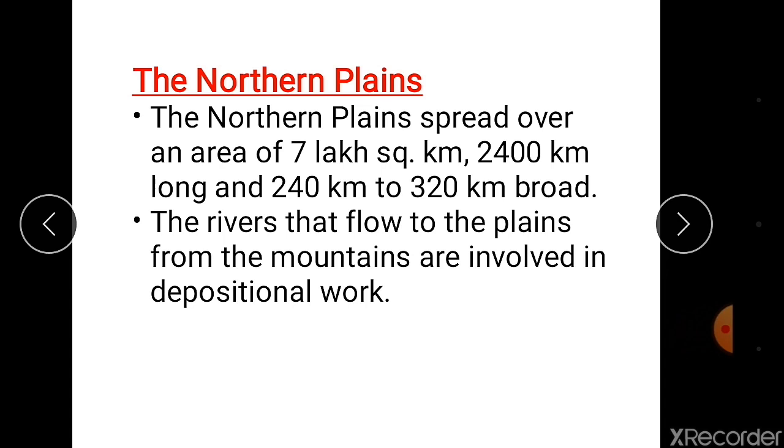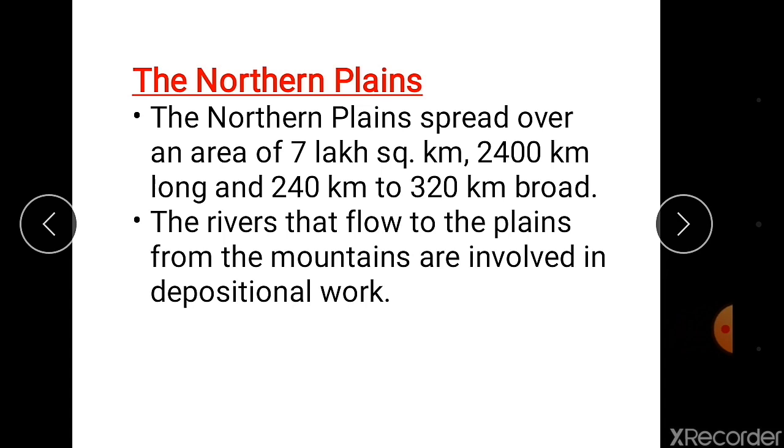The length of plain is 2400 kilometers. The plain is about 2400 kilometers long and 240 to 320 kilometers broad.